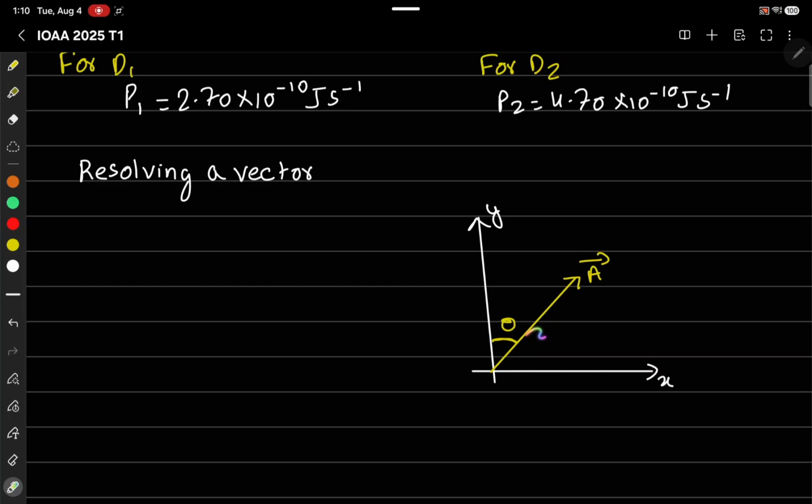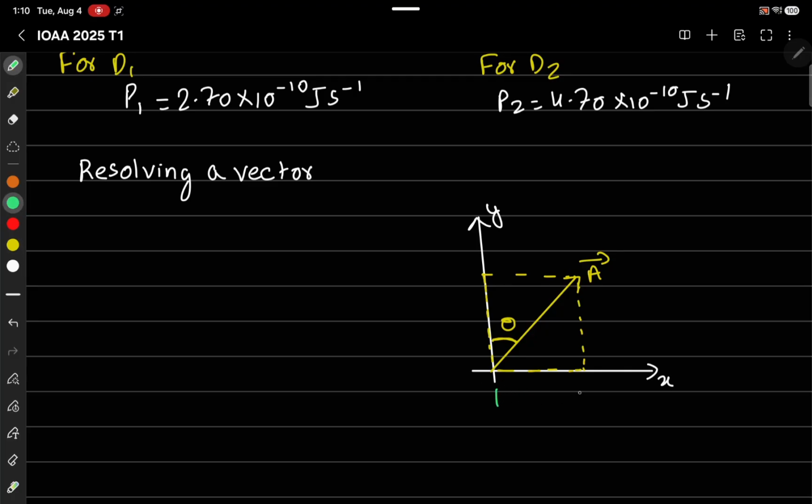Many students must have learned to put angle theta at this point, but we can also put the angle at this point and resolve it, so it's the same concept. So now I can resolve this vector along the y-axis, and similarly I can resolve this vector along the x-axis.